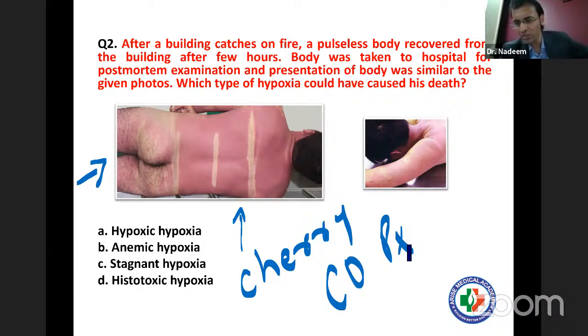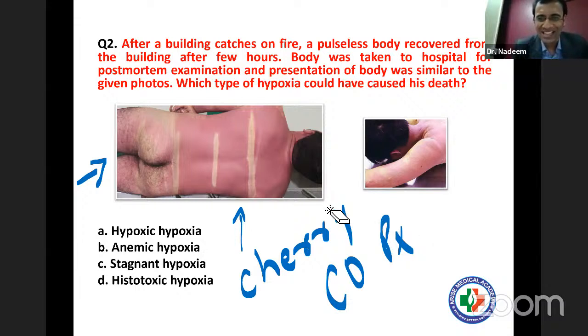According to the clinical scenario, the person was in the building which caught on fire, and he died because of hypoxia, because there was asphyxia. So hypoxia was the main reason for the death.